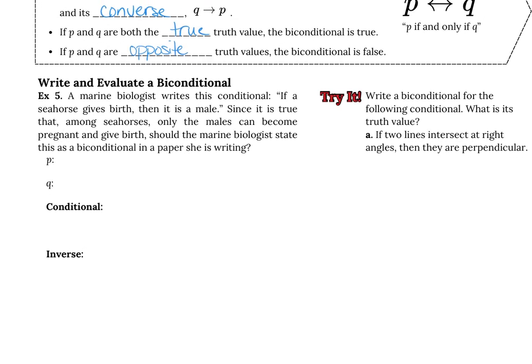All right, so our first example, a marine biologist writes the conditional, if a seahorse gives birth, then it is a male. Since it is true that among seahorses only the males can become pregnant and give birth, should the marine biologist state this as a biconditional in a paper she is writing?